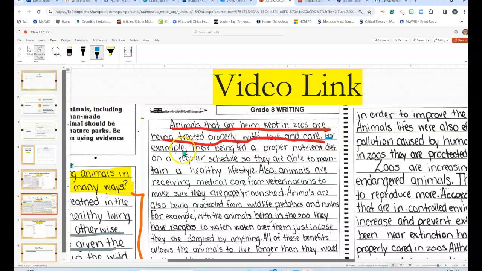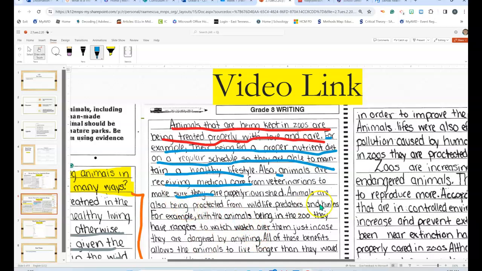For example, they're being fed a proper nutrient diet on a regular schedule, so they are able to maintain a healthy lifestyle. Also, animals are receiving medical care from veterinarians to make sure they are properly nourished.